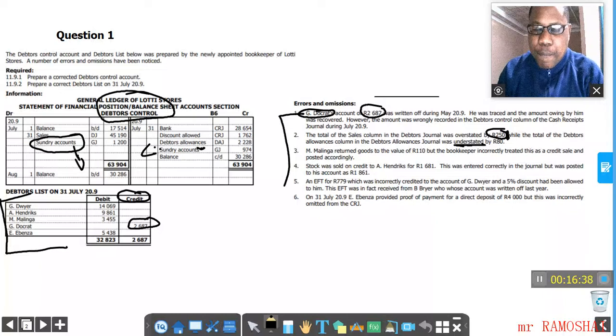Let's look at number 3. Number 3 simply says Malinga returned goods to the value of 110, but the bookkeeper incorrectly treated this as a credit sale and posted accordingly. Right, guys, with this one, remember, immediately a credit sale is issued, it means we as a business bought goods on credit.